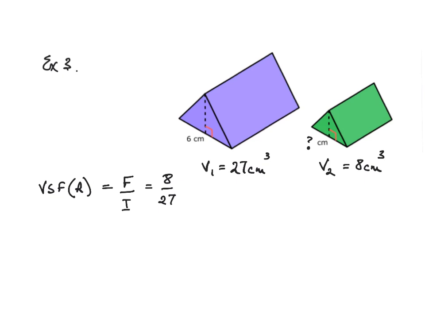Now, to get the length scale factor, what we're going to have to do is to find the cube root of the volume scale factor. So if you put that into your calculator, 8 divided by 27 equals, and then we take the cube root.